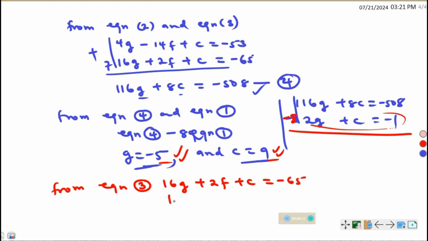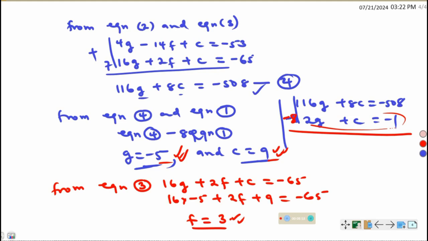So we have 16 times g, our g is negative 5, plus 2f plus 9 is equal to negative 65. So for this case, we shall be able to remain with f at 3. So we have f at 3, we have g as negative 5, we have c as 9.